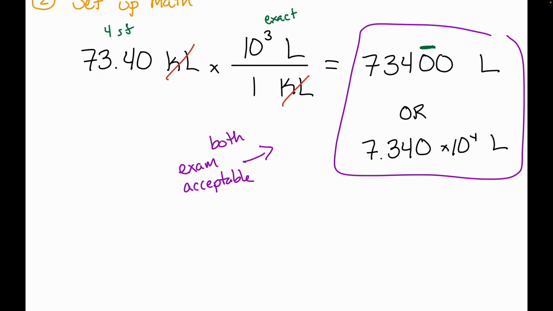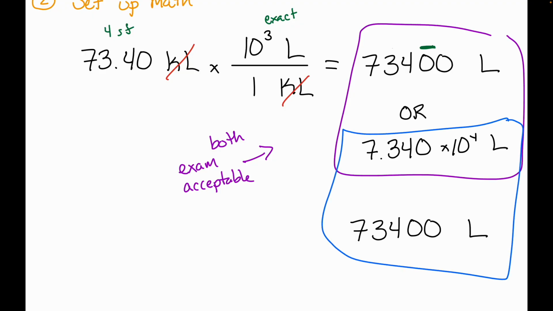On MyOpenMath, on your homework, it doesn't have any bar that you can put over it, so it would actually just accept the answer in scientific notation, or if you just typed in this number as is, as long as it's rounded correctly, it would give it to you. All right, it's going to be like, all right, fine, I know you're trying to tell me that that has 4 sig figs. So either of these would be acceptable on your homework.